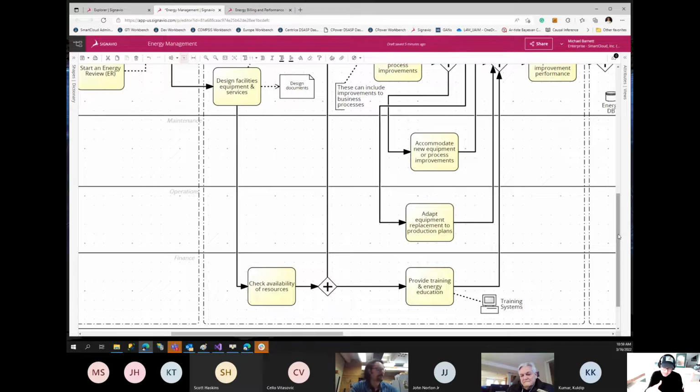So you have this providing training, energy, and education. Well, you have to have the thing that you're training them on defined. And whether that's SOPs or what have you, I think there's more there.